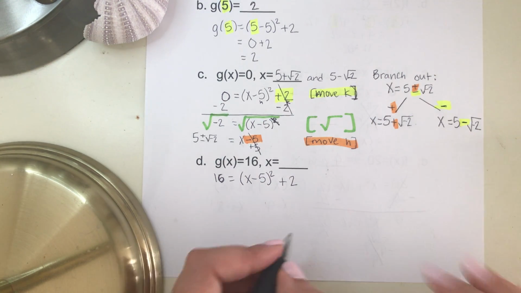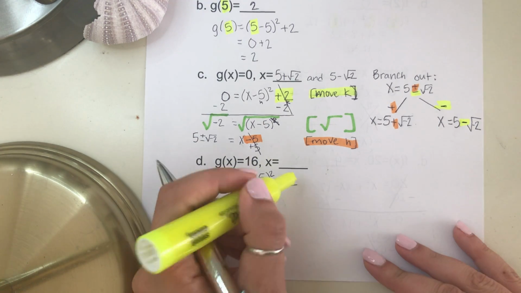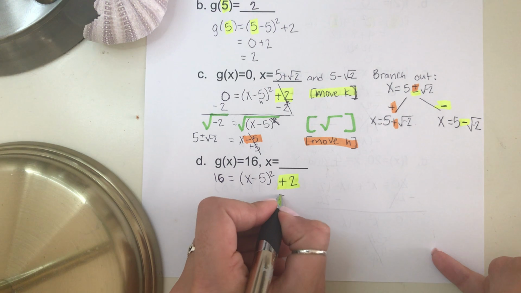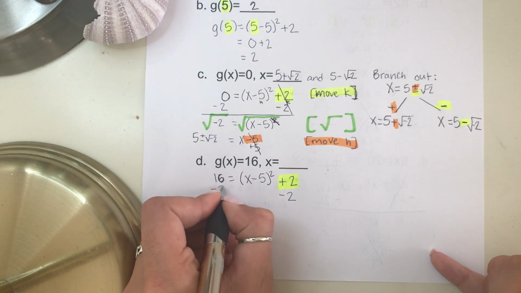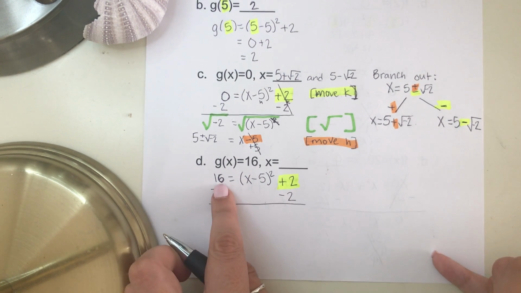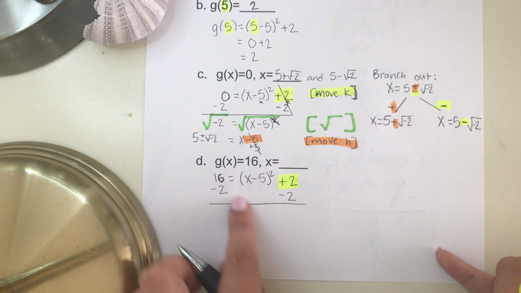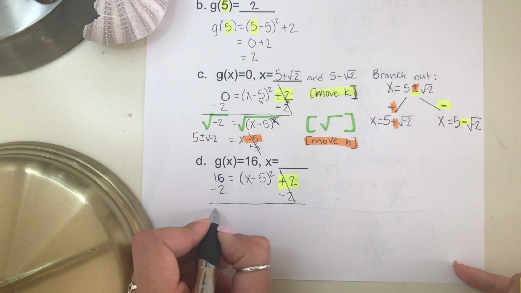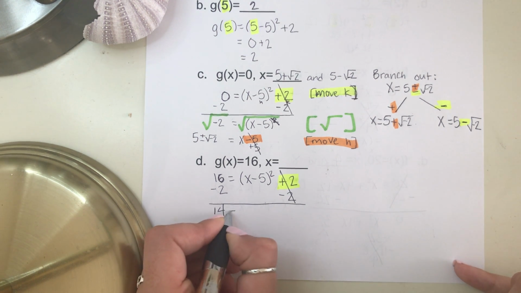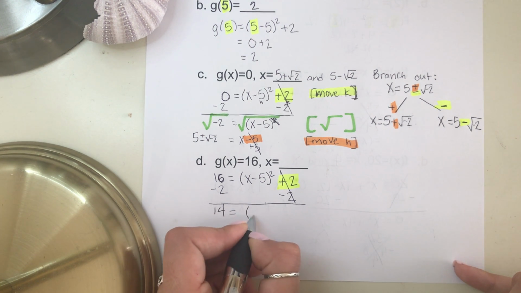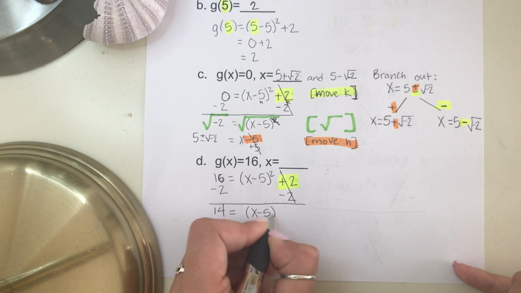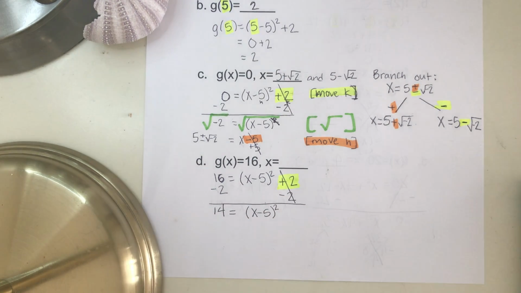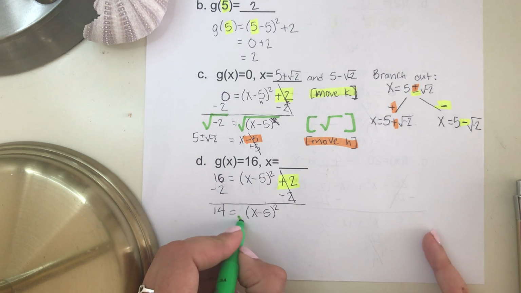I'm not going to rewrite the steps, but I will highlight them the same color. So I'm moving k. Even though it doesn't equal 0, I'm still doing the same steps. 16 minus 2 equals 14. x minus 5 squared. Now there's no a, so I don't need to divide anything off, but it is time for square root.